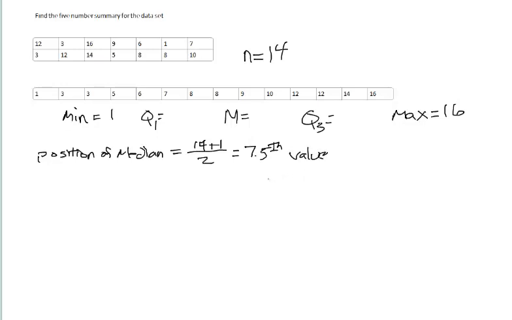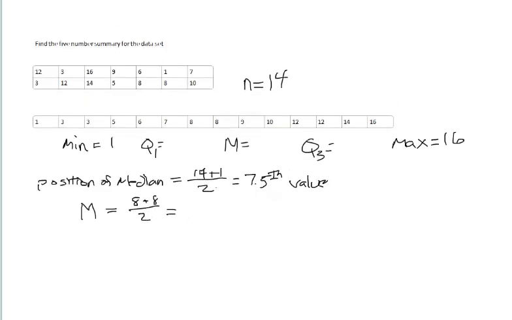And that means that we're going to take the average of the 7th and the 8th value. So the median itself, if we count, we have 1, 2, 3, 4, 5, 6, 7. And in this case, the 7th value is 8 and the 8th value is 8. So it's going to be 8 plus 8 divided by 2, or 16 divided by 2. So our median is 8.